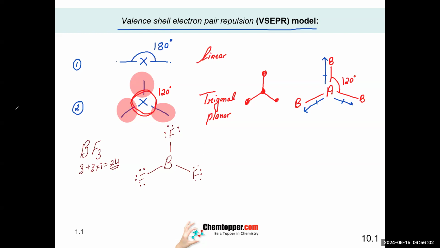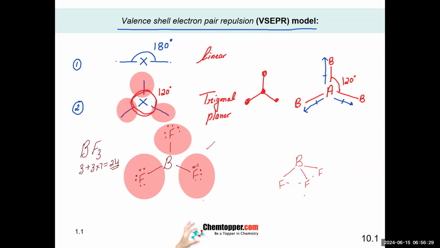So how many groups are there around the central atom? 3. So for the 3, let's say I make it like this. Do you think this one is better or this one is better? This one is better. Here they are very close.